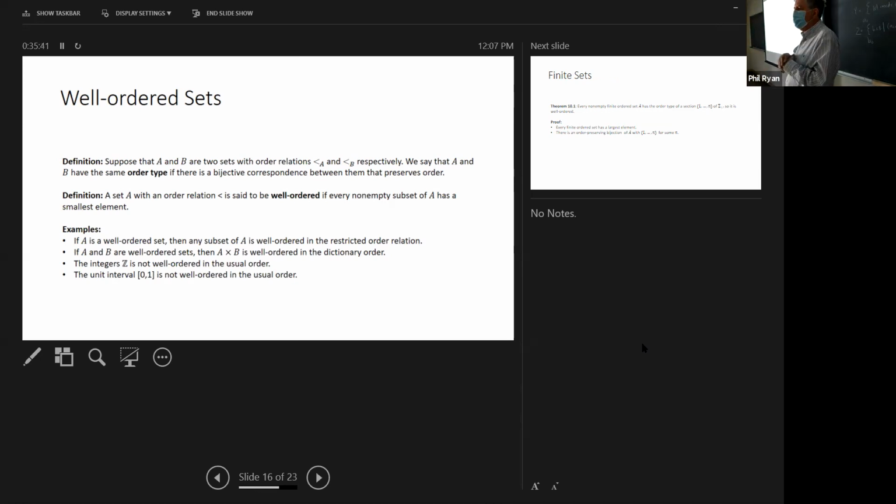That doesn't have a smallest element. Now, it's fairly easy to put a new order on Z to make that well ordered. You just do the negative integers first and then the positive integers, or something. No one's ever been able to come up with a well ordering for the reals.